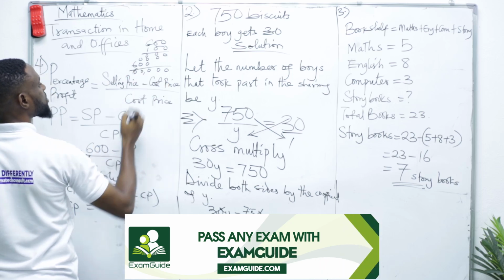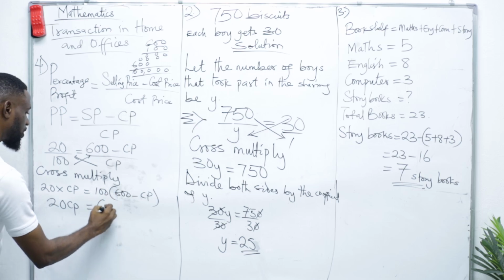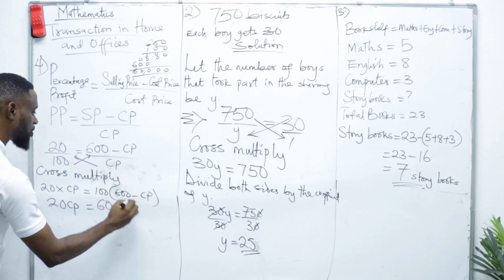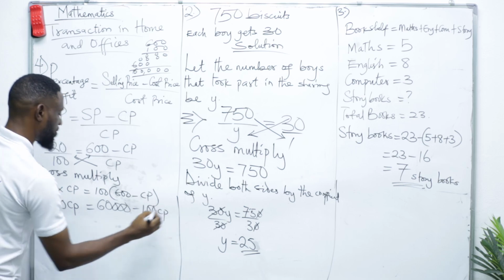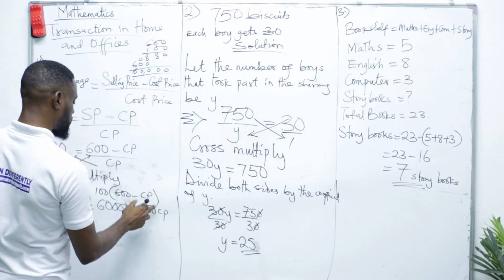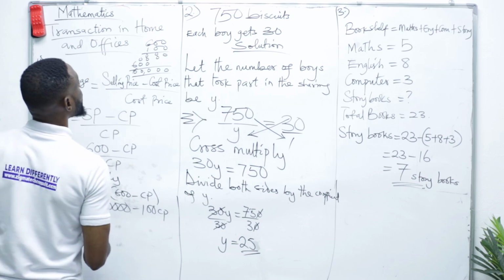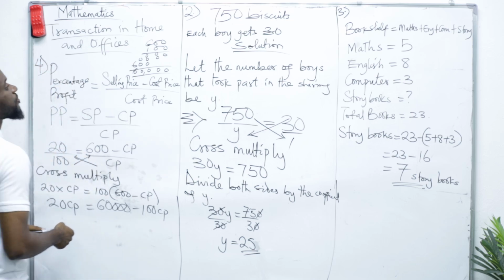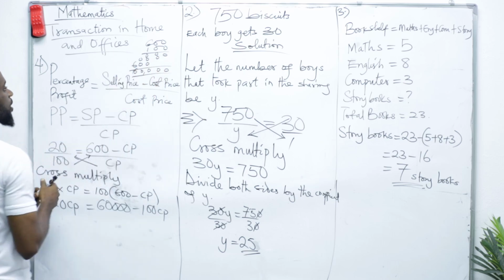Okay, so this is 60,000, minus 100 CP. Is that okay now? Minus 100 CP.